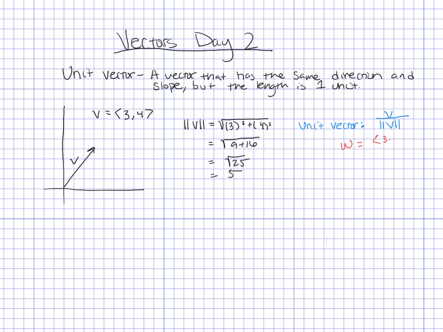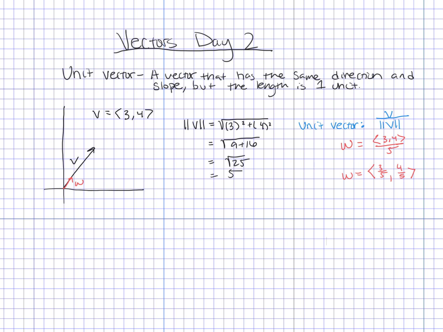So we'll have (3, 4) divided by 5, saying that the unit vector here is (3/5, 4/5). So the unit vector would be to about here, or about 1/5 of the size.